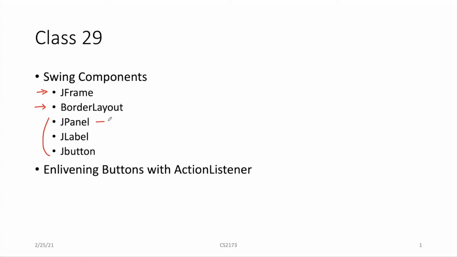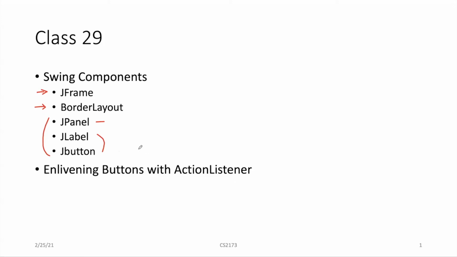The outermost one is going to be a JFrame, and then you will typically have these sets of nesting things. So inside the frame, you will put a series of panels, and inside these panels, you'll put a bunch of widgets. And by widgets, I mean things like the JLabel, which is just some text, and a JButton, which is something that you click.